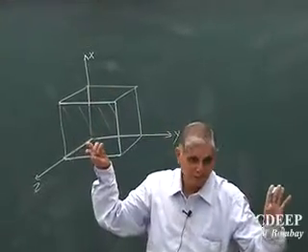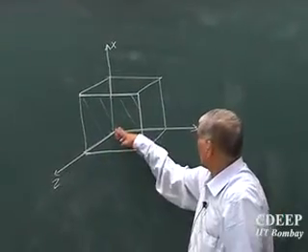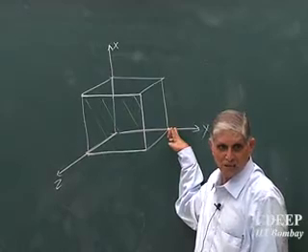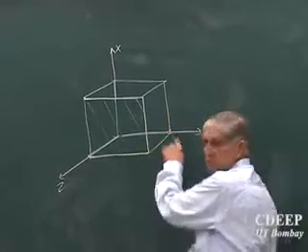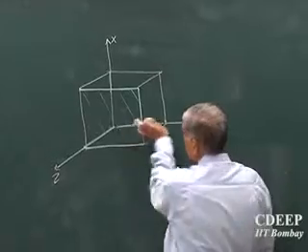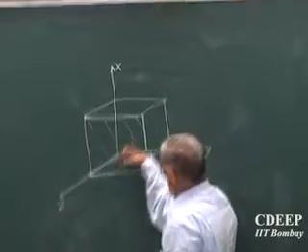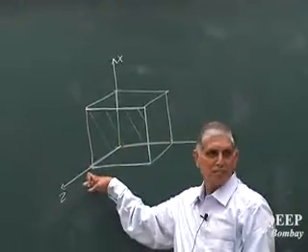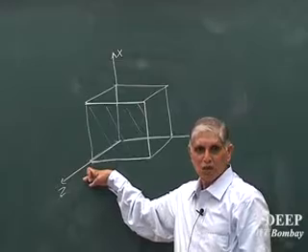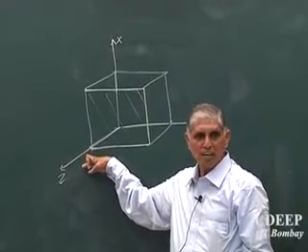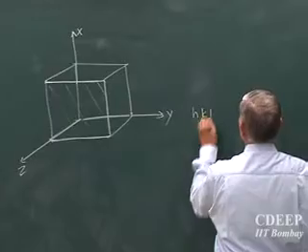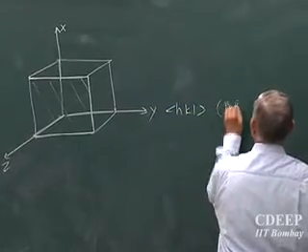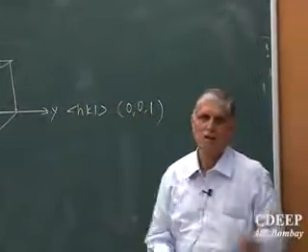No intercept along x. Along only z we have the intercept, which is A. Is that correct? So actually it is 0, 0 and 1. So HKL for this is 0, 0, 1.